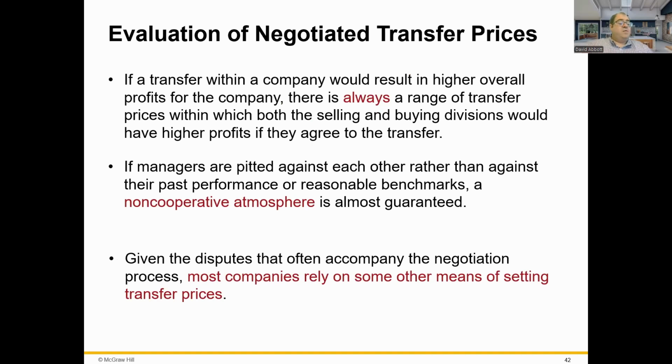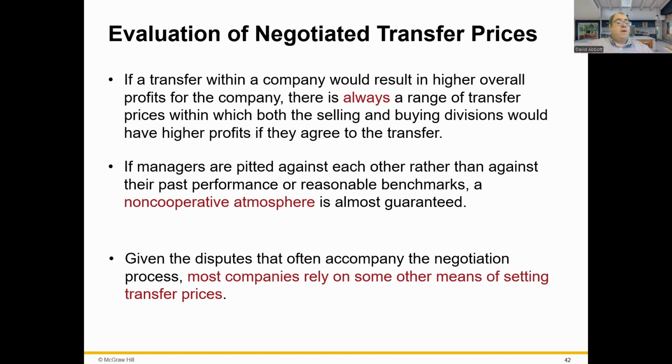Now, if a transfer within the company would result in a higher overall profit for the company, there's always a range of transfer prices within which both the selling and buying divisions would have higher profits if they were to agree to the transfer.